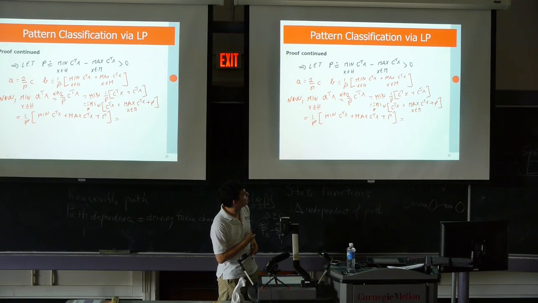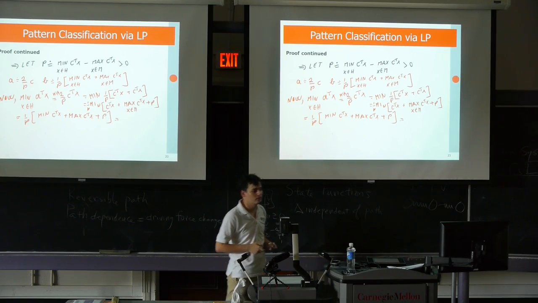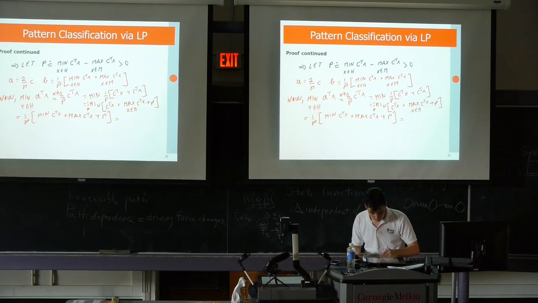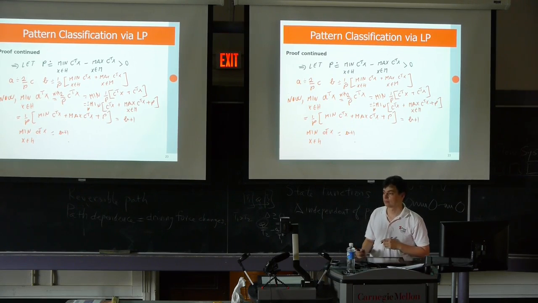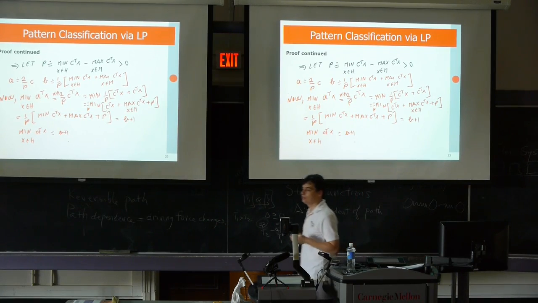That's B, and we have P over P, that's 1. So what we proved is that the minimum of A transpose X, X is in H, is B plus 1. And this is what we wanted to prove.